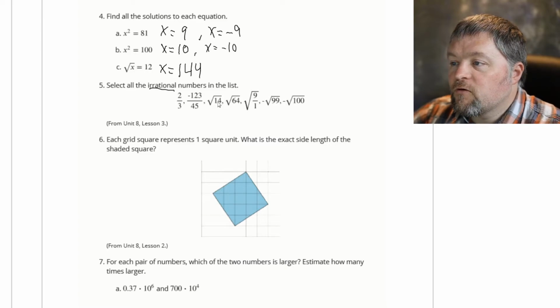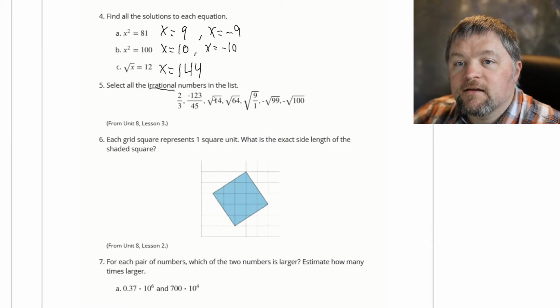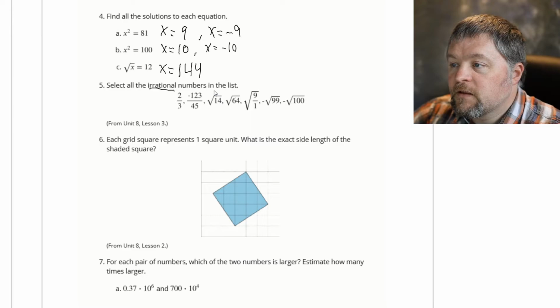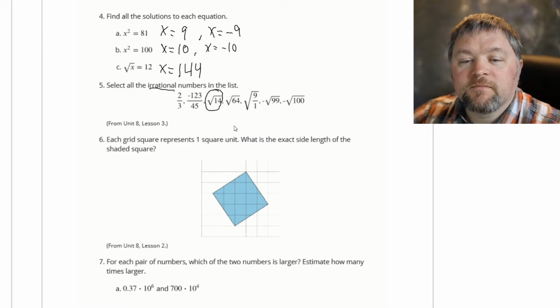The square root of 14. Can we write the square root of 14 as a rational number? Well, the square root of 9 is 3, and the square root of 16 is 4, so that is not going to give us a whole number, which means that has to be an irrational number.